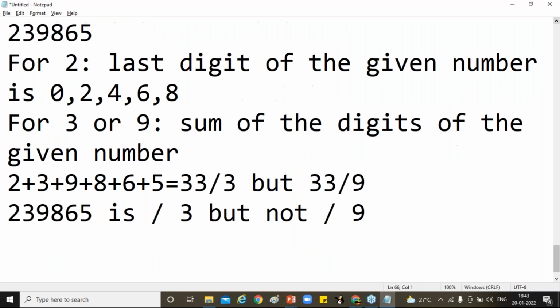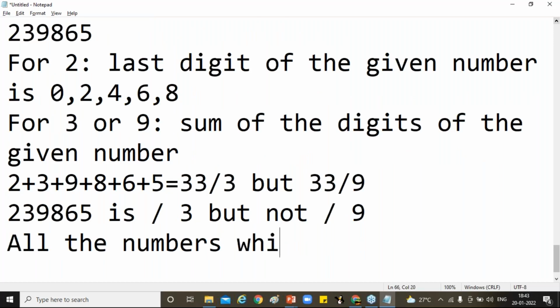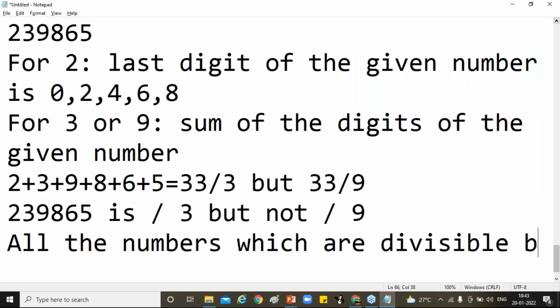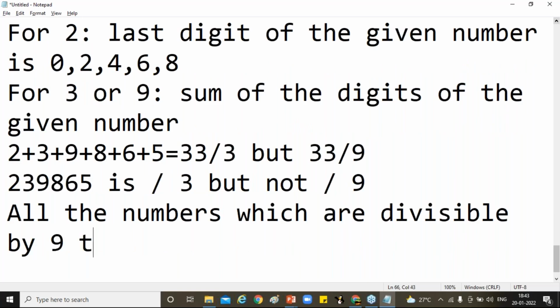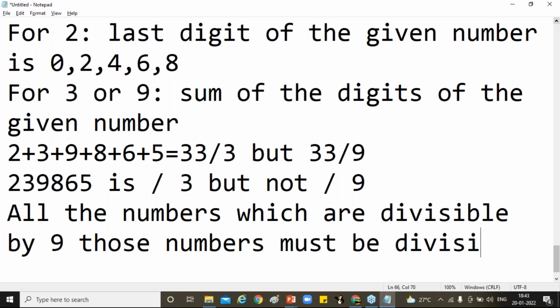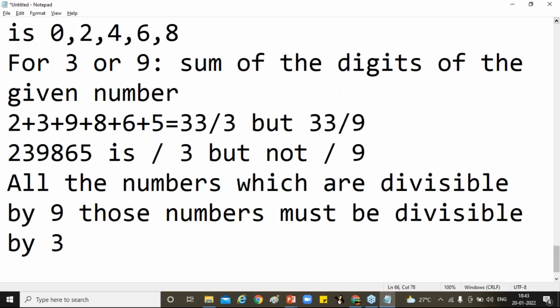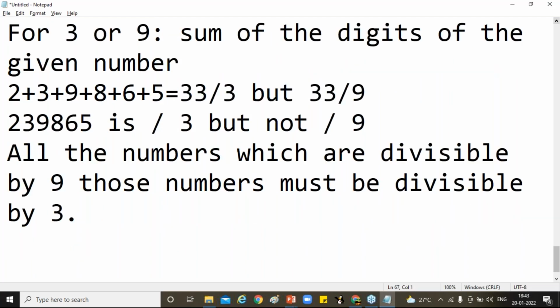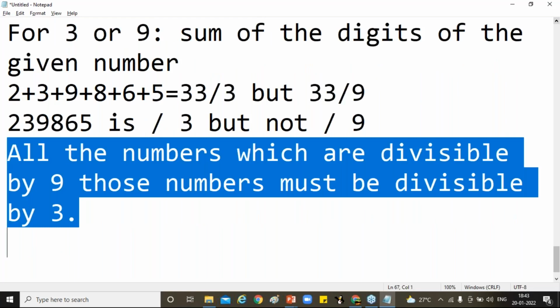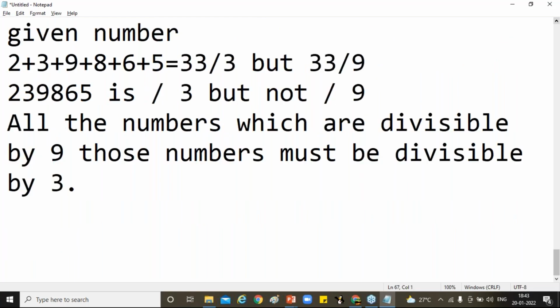It means all the numbers which are divisible by 9 must be divisible by 3.